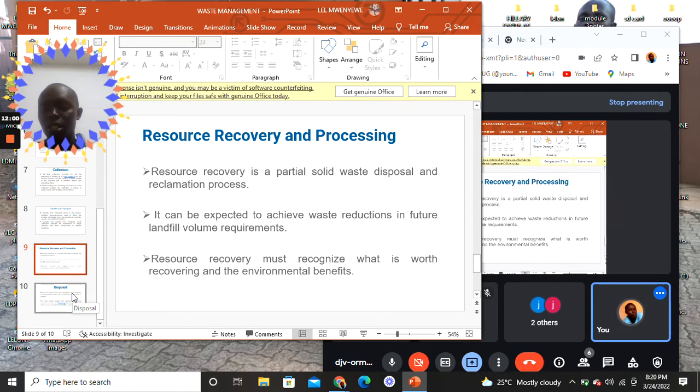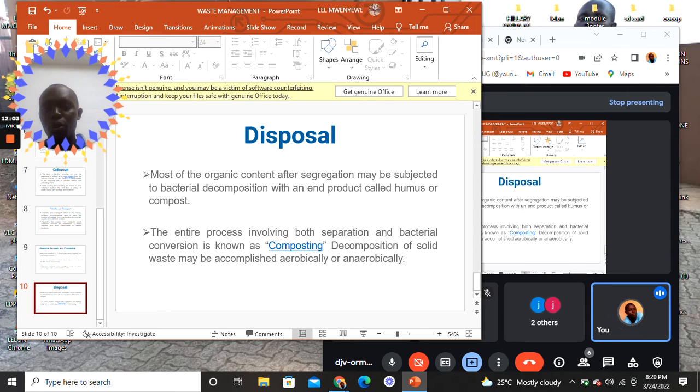And our last point is disposal. Most of the organic content after segregation may be subjected to bacterial decomposition, with an end product being humus and compost. We note that all those wastes that do not have any value are dumped in the landfill for decomposition. So that will be the last step of waste management, which is disposal.